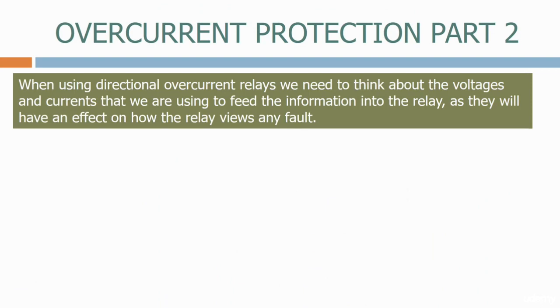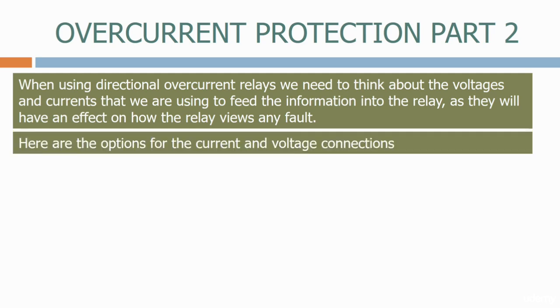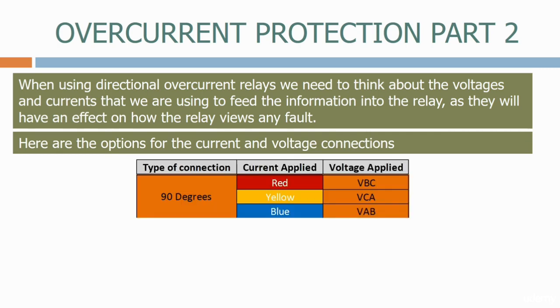When using directional overcurrent relays, we need to think about the voltages and currents that we are using to feed the information into the relay, as they will have an effect on how the relay views any fault. Here are the options for the current and voltage connections. Firstly, we have what's called a 90-degree connection, where we apply the red, yellow and blue currents as normal, but the line voltage applied comes from one of these three sources.